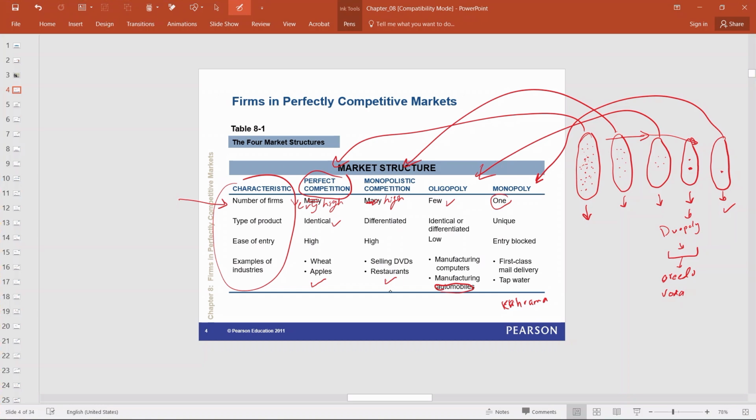So, for example, in restaurants, they all provide soup, but one type of soup could have a slightly different flavor from another, and you can differentiate. In oligopoly, products could be similar or different, and in monopoly, it's just a unique product.